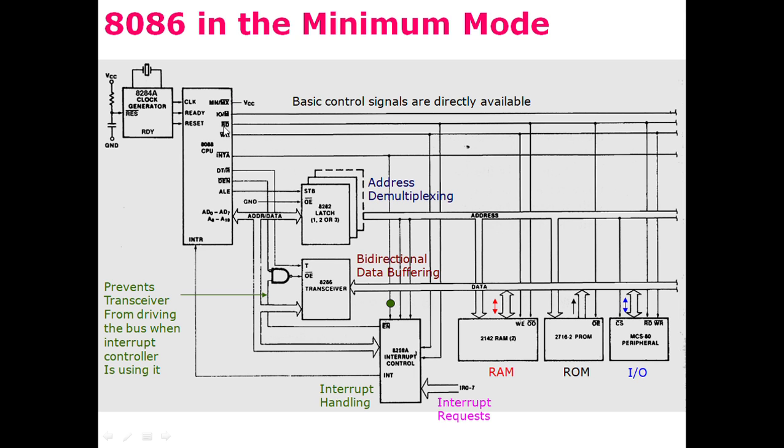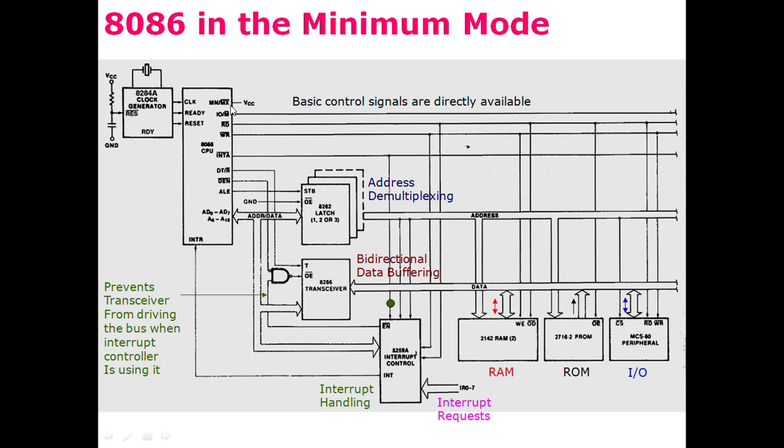For example, whether the access is being performed on the memory or the input and output, this pin generates the corresponding control signal. Read, write, interrupt acknowledge, and many other control signals are generated by the microprocessor itself.